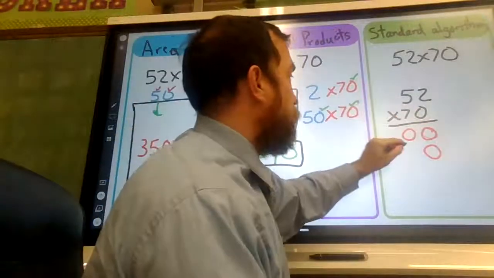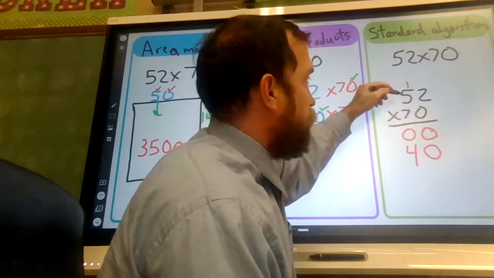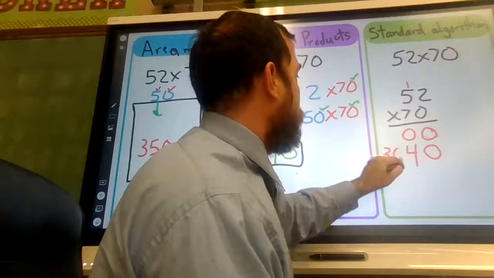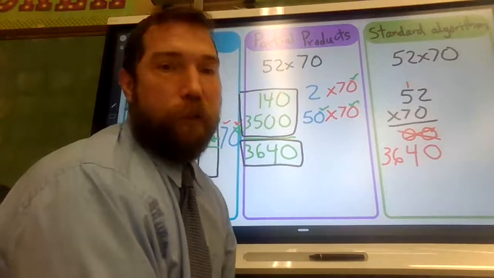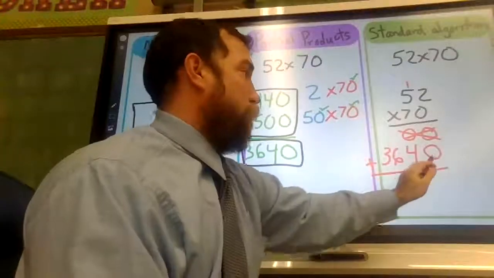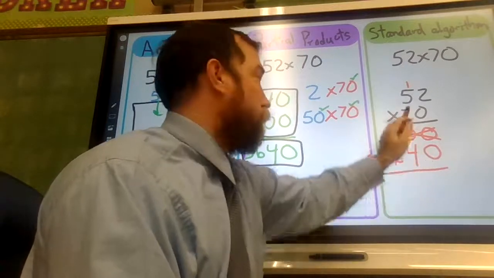Then do 7 times 2 is 14. Carry the 1. 7 times 5, we figured out was 35, plus 1, 36. I just skipped that line up there because you don't really need it, because you're going to put nothing there anyway. You just have to remember when you go to that second space to put that 0 as our placeholder, because we have that 0 here.